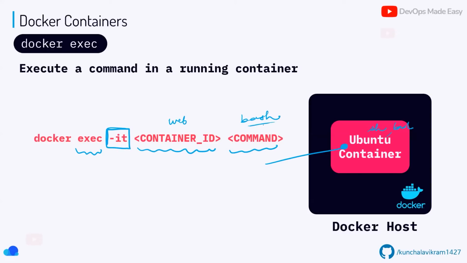In this case, if you're trying to invoke sh or bash, you should always give -it as we already discussed. It can be anything. I can do docker exec -it, let's say container ID is web. Now I wanted to list all the files in this container. I simply do ls -l.